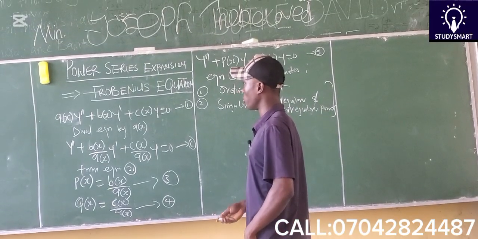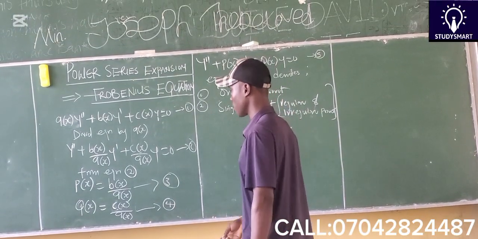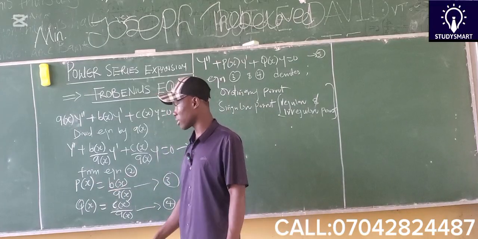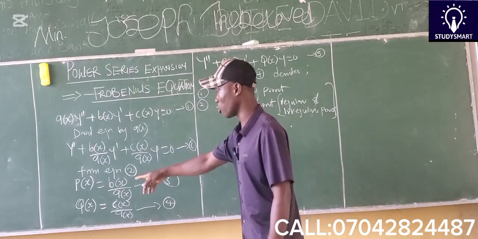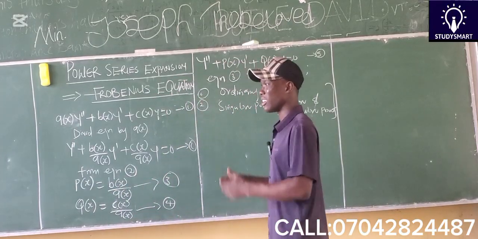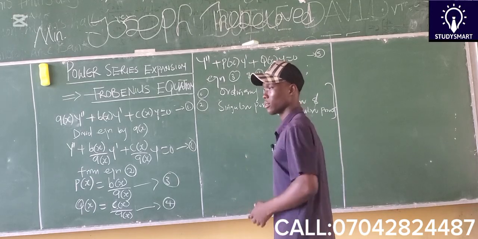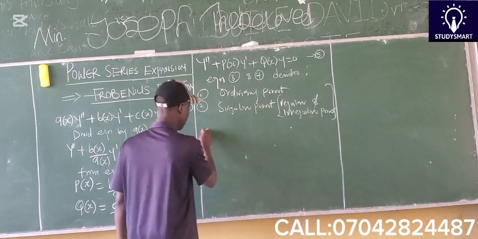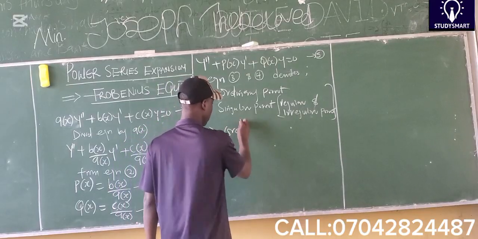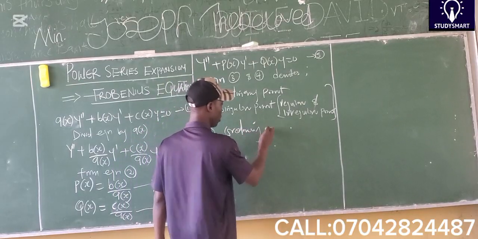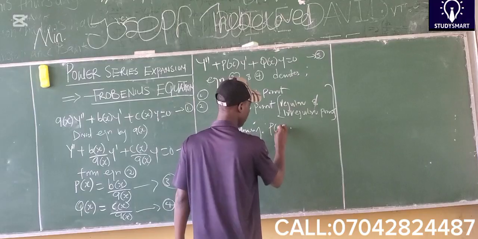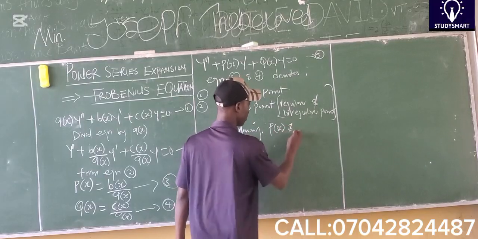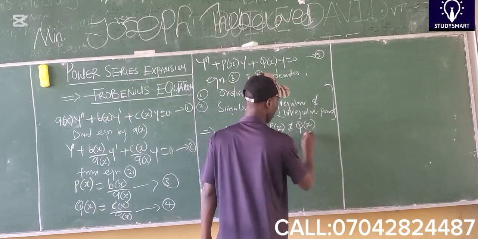Alright, so by ordinary point we mean that if P of x and Q of x are at ordinary points, it means that they are finite.